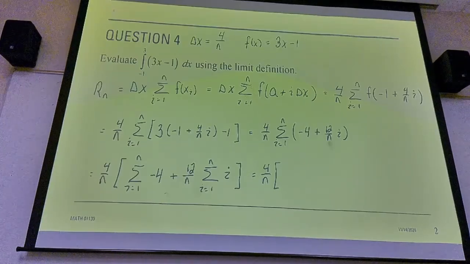Sum of -4 from i equals 1 to n. Just -4 times n, isn't it?